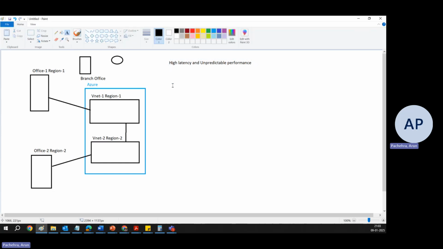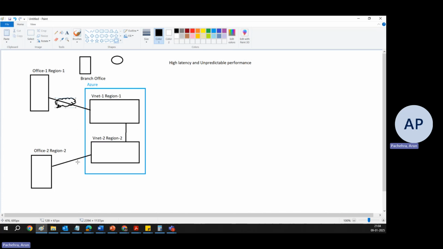Now, how is it high latency? Because if it is a VPN or point to site VPN, it is public internet based connections. Whether this VNet is going to the office and then going to the internet, this branch office is connecting to office first and then going to the VNet. Then again, it's a lot of distance to cover, and this is obviously over the internet if it is site to site, right?